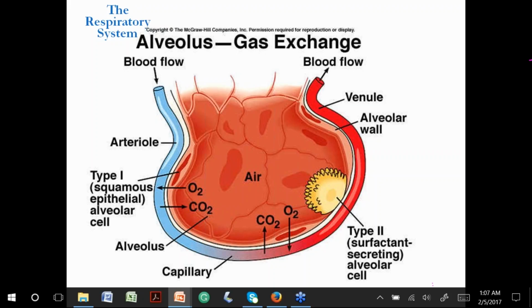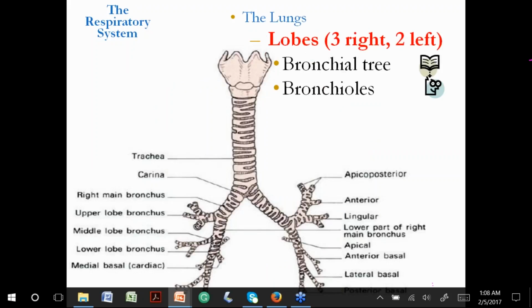That's why it's called premature. After 37 weeks, the surfactant substance starts to complete the full maturity of the lungs. So that's why we divide neonates into premature and term.